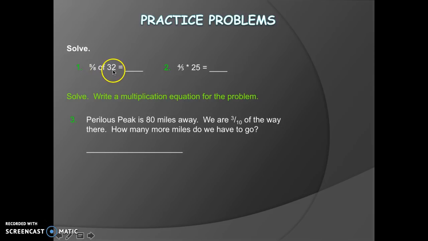So to figure out what is 1/8 of 32, 32 divided by 8, and then multiply that answer by 5. For 25, what's 1/5? Multiply that by 4. Okay, so write the multiplication equation for this one with your answer.